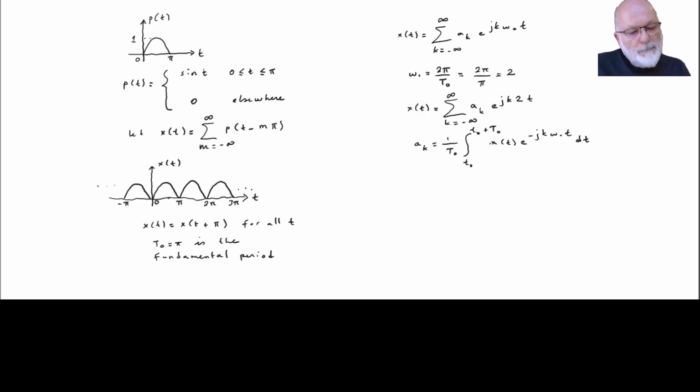Now, if we substitute, as you see, T0 is equal to pi. So we have 1 over pi. We can integrate over a period.